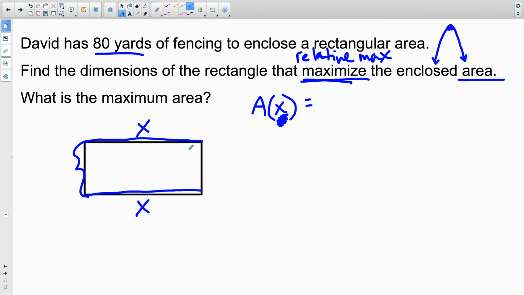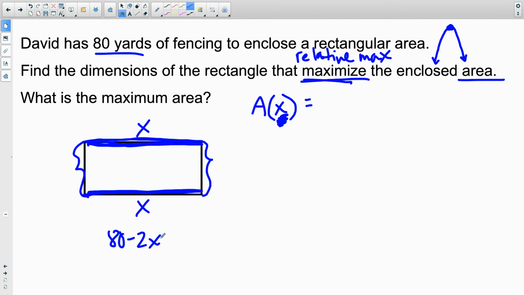So how could I express that? Well, if I've used x linear yards for this piece and x linear yards for that piece, then at this point I have 80 minus 2x linear yards available to enclose these two sides. Take away this x and this x from the 80 yards of fencing.